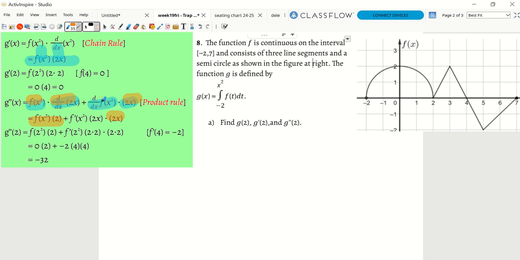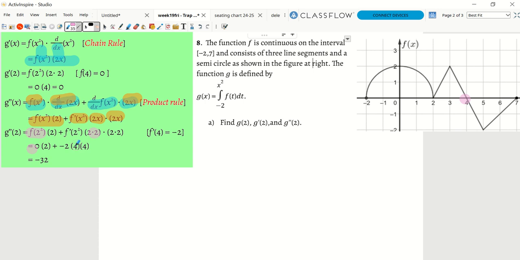The derivative of f of x squared is going to be f prime of x squared, but because this is not a clean x, you're going to need to do chain rule. The derivative of x squared is 2x. Okay, and now at this stage, we're going to plug in 2's everywhere we see an x. This becomes f of 4, which is 0. 2's constant.